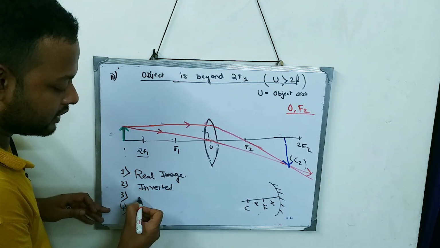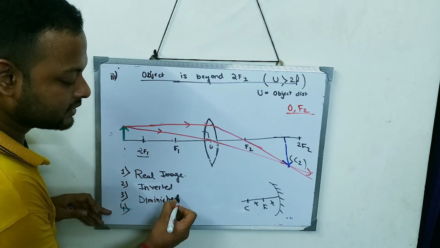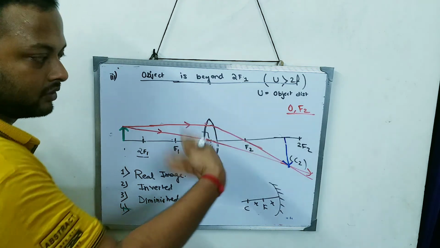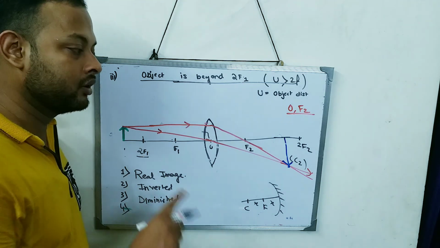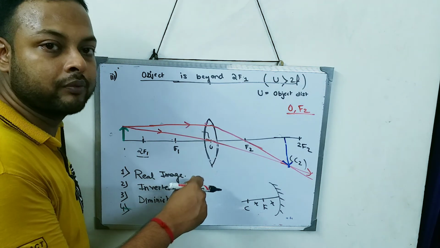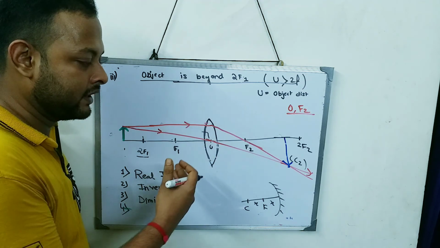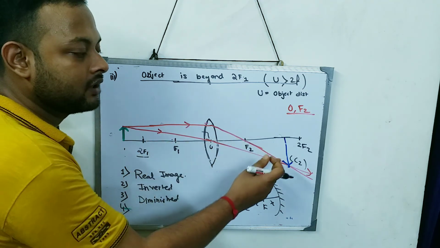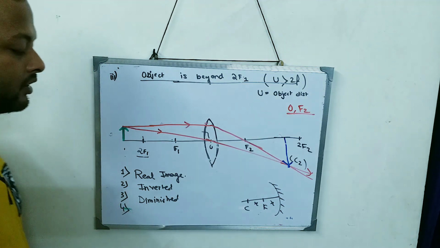So I can say it is diminished. If you see your book, or you try by yourself using a pencil and a scale and draw the ray diagram taking equal distances, you will see this image will be smaller in size.